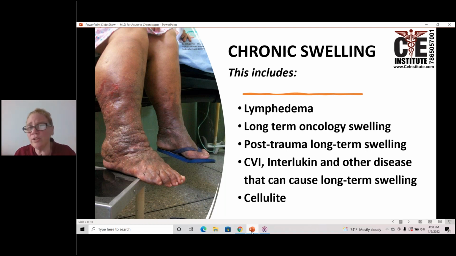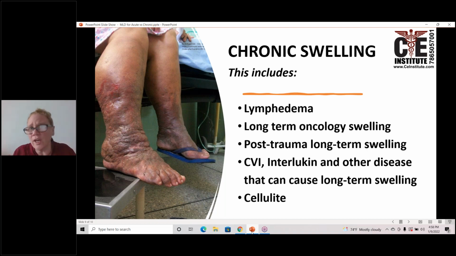Cellulite, we're including this as a chronic swelling because when your collagen fibers that are attached to the skin shorten and you lose the elastin and collagen within the skin, what happens to that interstitial fluid and even our fats? They actually are pushed up into the skin, which creates that rippling appearance as those collagen fibers attached to the skin shorten.